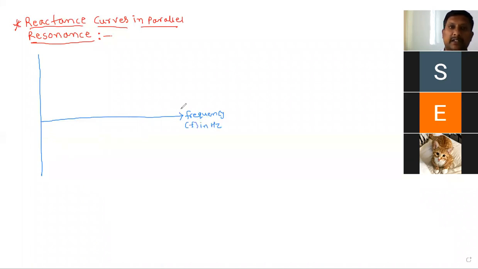It will start from 0 and go up to infinity. Somewhere in between there will be the resonant frequency. Different curves I will draw, and if possible, you can tell what these curves are.